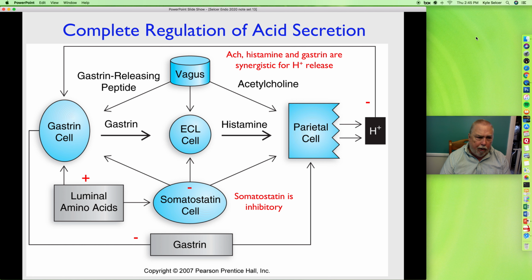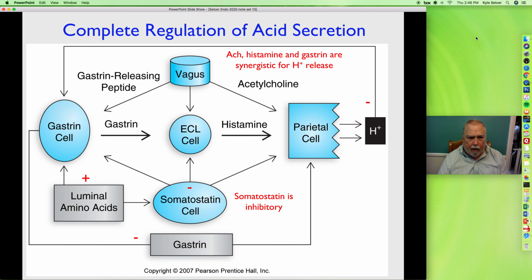So the gastrin cells located in the stomach and also in the upper small intestine produce gastrin, which acts on these enterochromaffin-like cells, ECL cells, to produce histamine, and that acts on the parietal cells to stimulate acid production. But the vagus nerve is also producing acetylcholine that acts on the parietal cells to increase acid production.